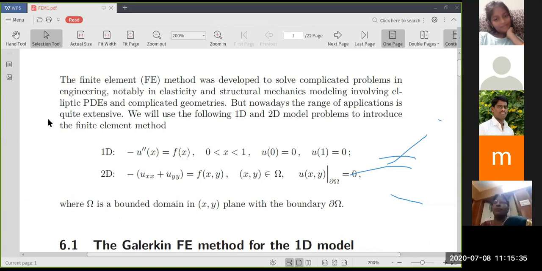So, any numerical method. Given a differential equation, we do not have an exact solution, so we resort to numerical solutions. There are several numerical solution techniques available: finite difference method, finite element method, finite volume method, mesh free method.